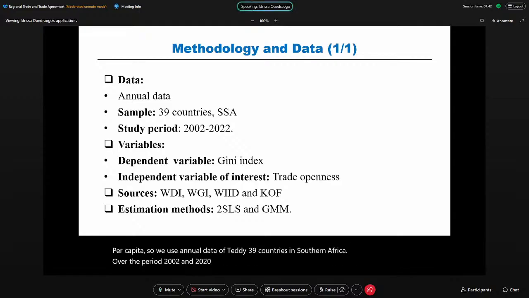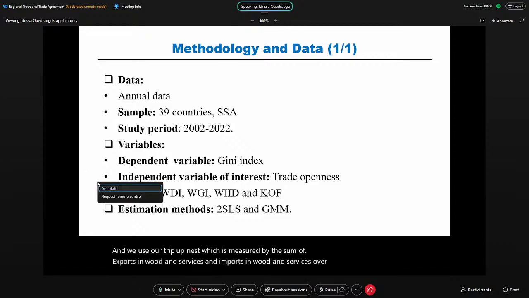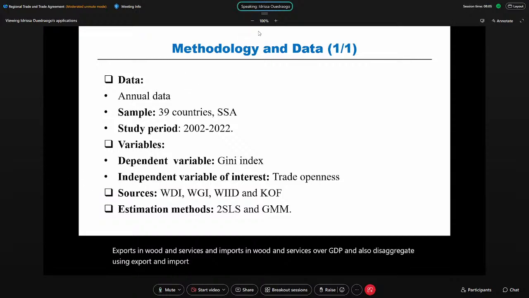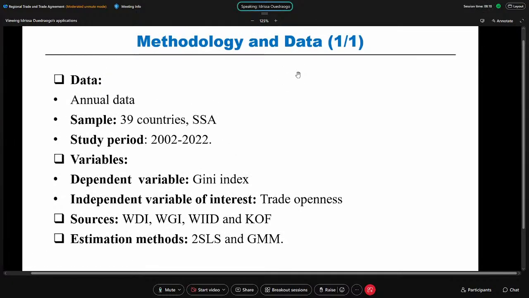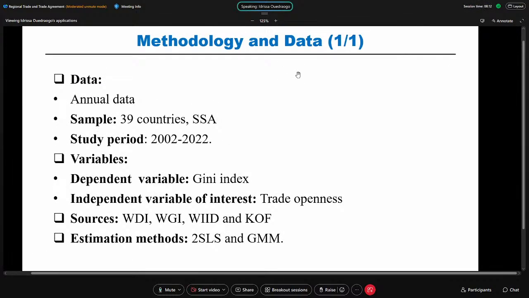Our main dependent variable is the Gini index. We use trade openness, which is measured by the sum of exports of goods and services and imports of goods and services over GDP. We also disaggregate, using exports and imports separately. We also use two-stage least squares and the system GMM for the estimation.